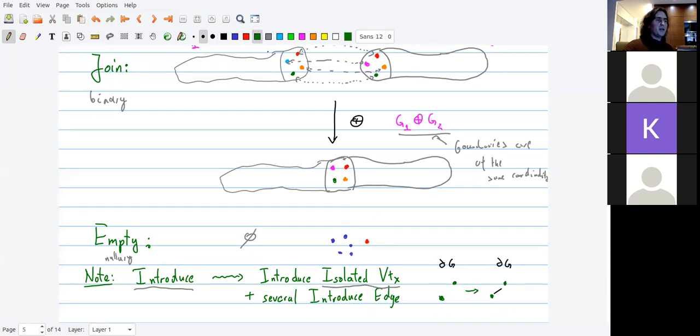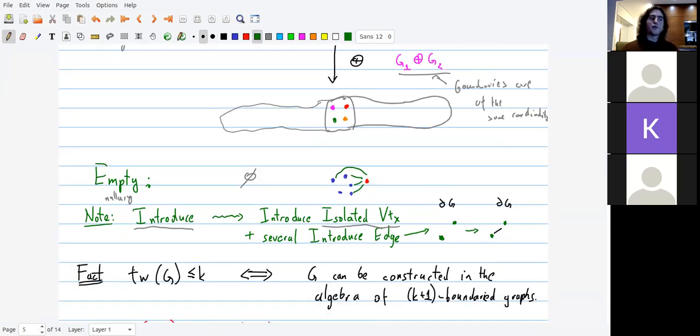And then I can make a sequence of introduce edge operations that introduce the consecutive edges that are incident to this vertex. So I can always break an introduce operation into several operations of introducing an isolated vertex and then introducing edges one by one. And the introduce edge operation just introduces a new edge between two boundary vertices. It's important that only boundary vertices can be affected by this operation.